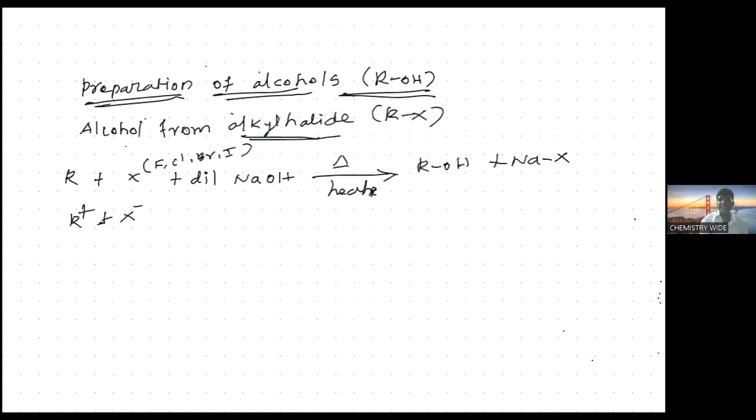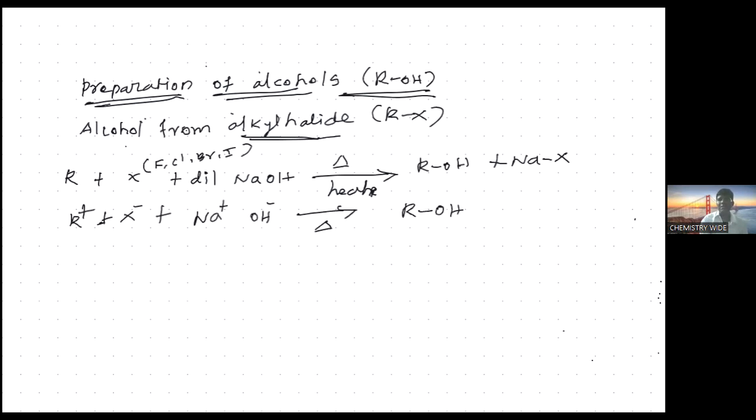Then the dilute aqueous NaOH. Again, this NaOH is going to split into Na plus and OH minus. When we heat it, we get ROH.